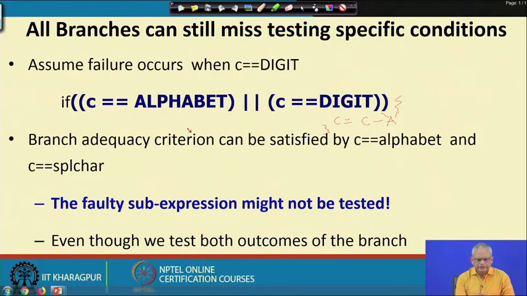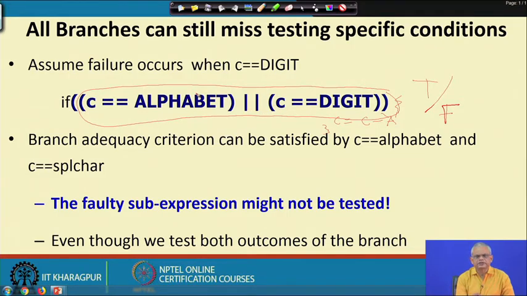But if we are doing branch testing, we need to have the branch condition assume true and false values. To make it true, if we have C as an alphabet, that is capital A to capital Z and small a to small z, then it becomes true, and the other condition does not matter, because this is an OR condition.